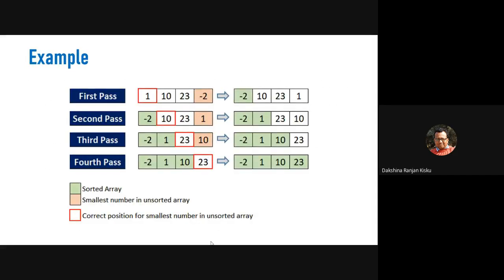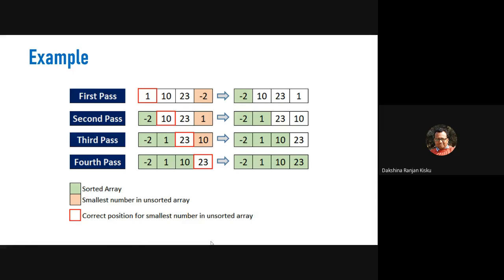Now let us try to understand the algorithm with an example. Here the array has four elements: 1, 10, 23, minus 2. In the first pass, we will find the smallest element. In this array, the smallest element is minus 2.